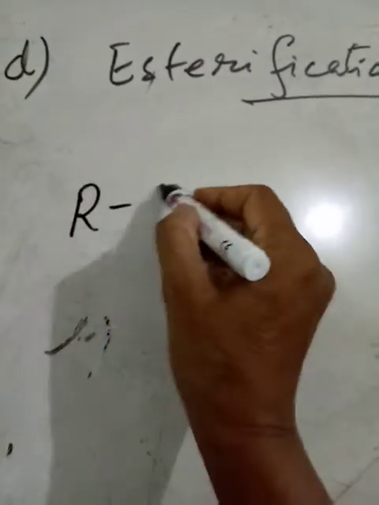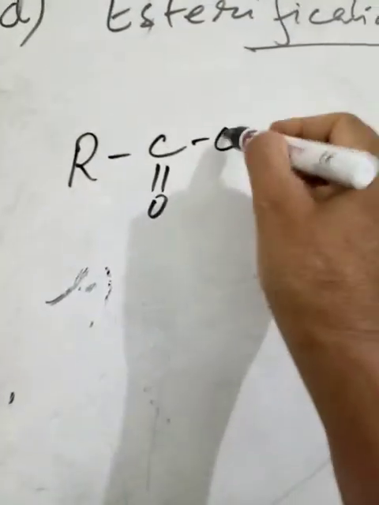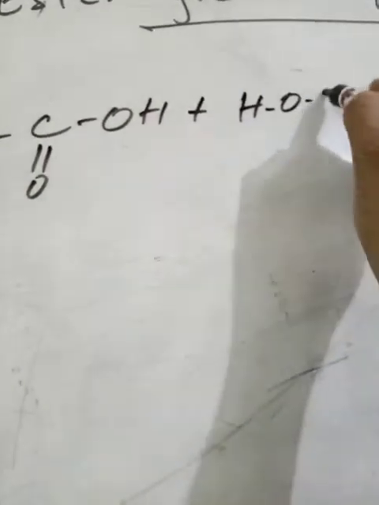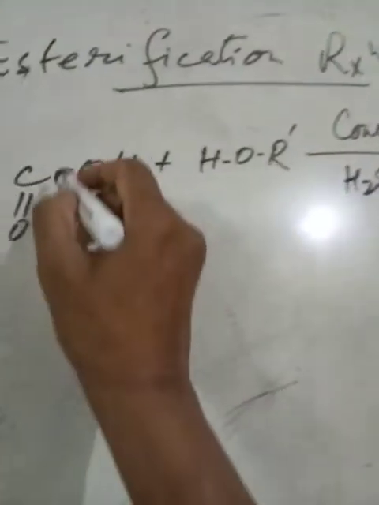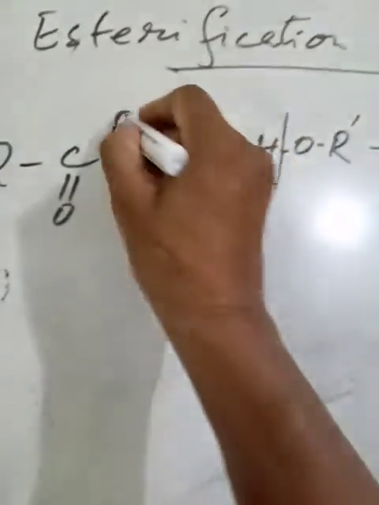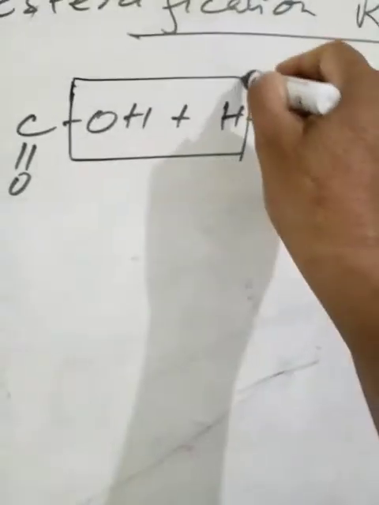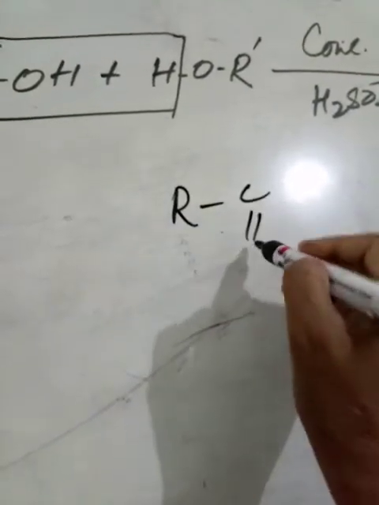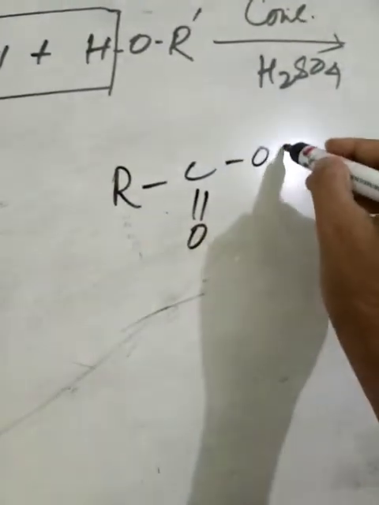In this case, an acid, say RC double bond OH plus an alcohol HOR dash is taken in presence of concentrated sulfuric acid. Concentrated sulfuric acid acts as a dehydrating agent. So OH and this H will form water and eliminate water, and you will get RCOR dash.